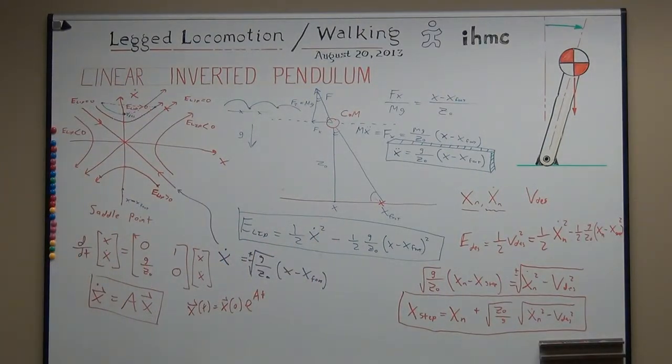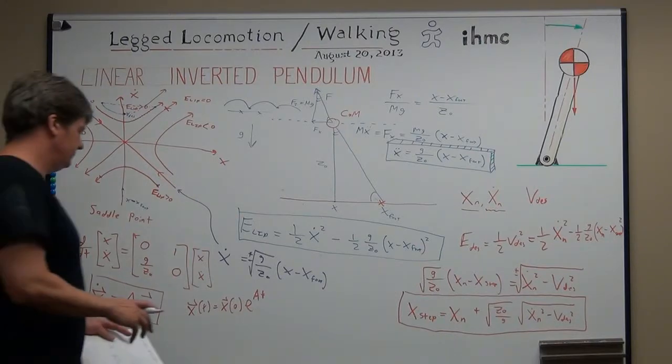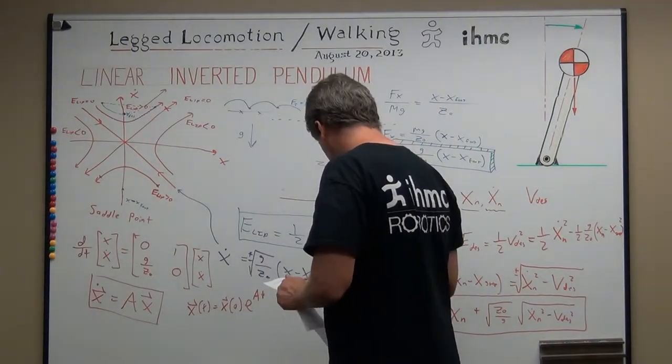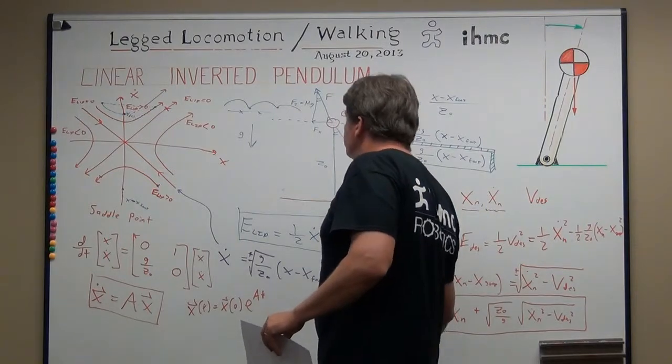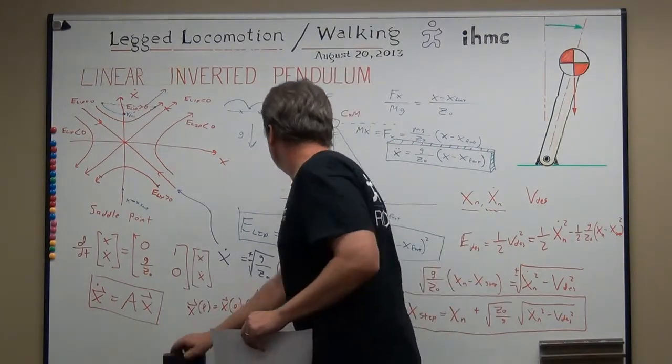For this particular system, because you do have a saddle point, you end up getting hyperbolic cosines and sines. And just for completion, I'll write down what the equation is.